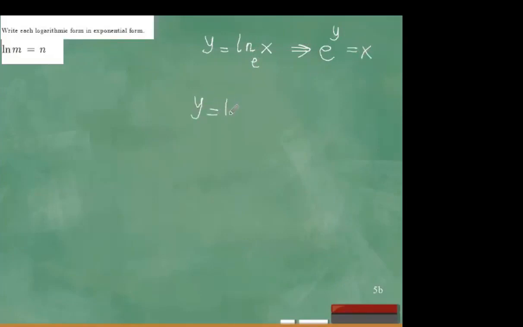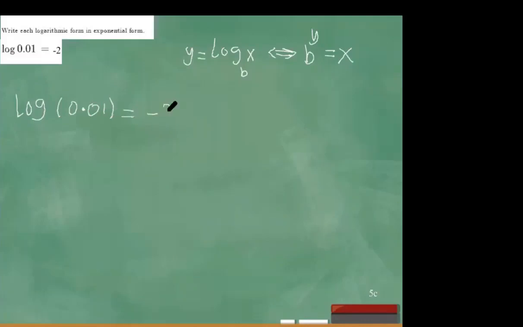Y is equal to log of x with the base b. Similar relationship. B to the power of y is equal to x. So when I have natural log of m is equal to n, the base is e. So it would be e to the power of n is equal to m.